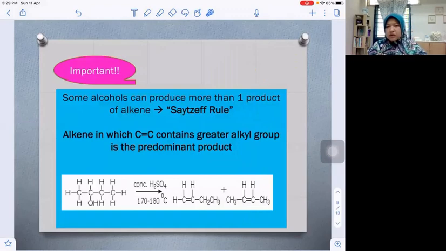Some alcohols can produce more than one alkene product, and the same goes with haloalkanes.